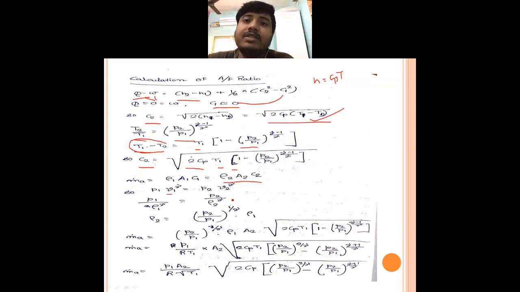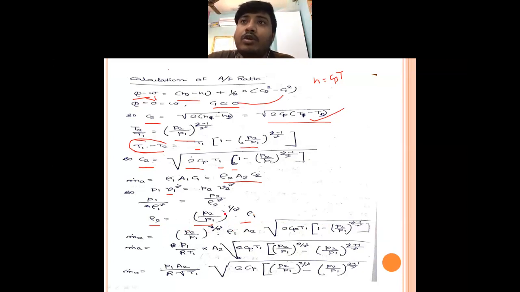So if we put 1 by rho in place of V, we get P1 by rho 1 to the power gamma is equal to P2 by rho 2 to the power gamma. So rho 2 will come as P2 by P1 to the power 1 by gamma multiplied by rho 1.